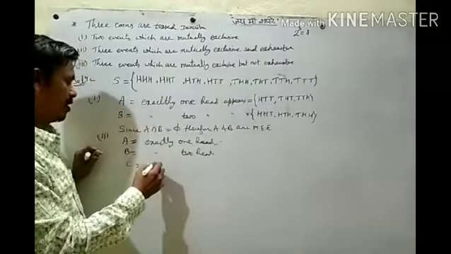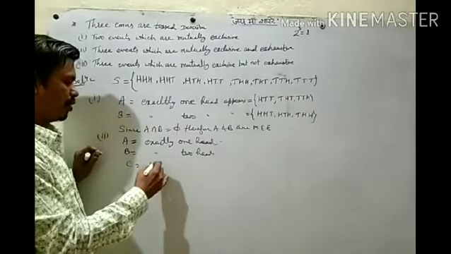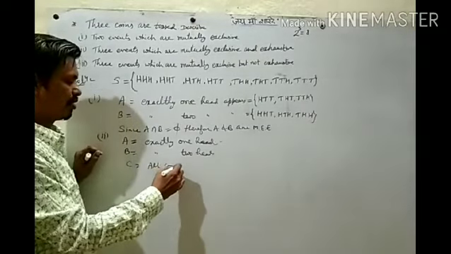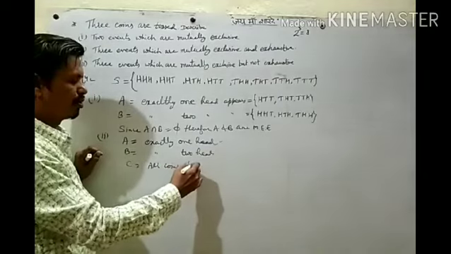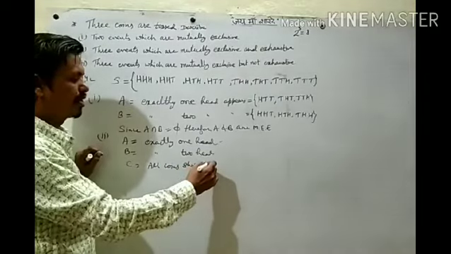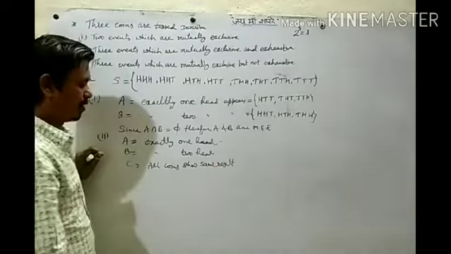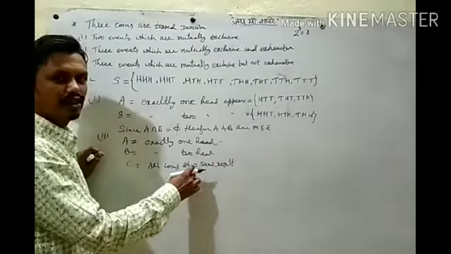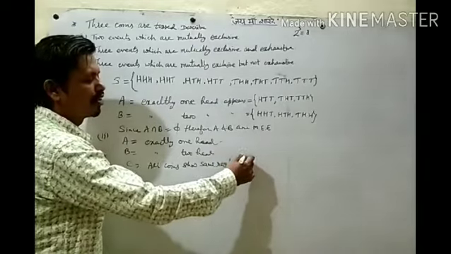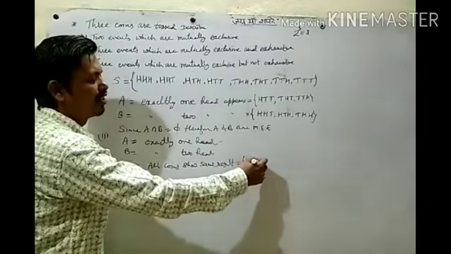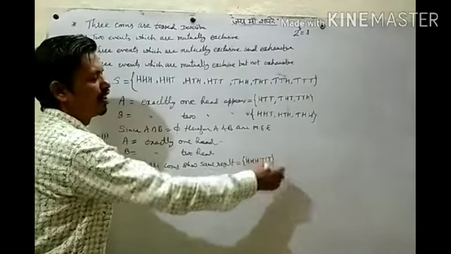So we can say all coins show the same result. Means all show head or all show tail.